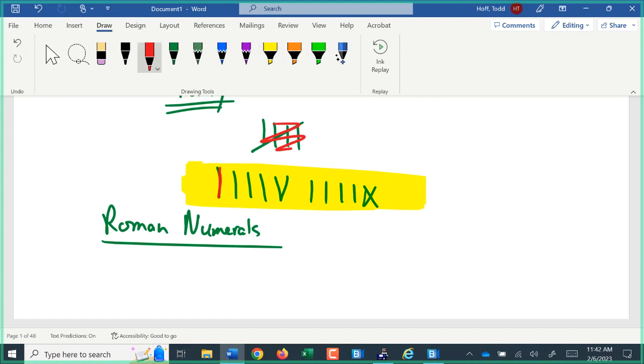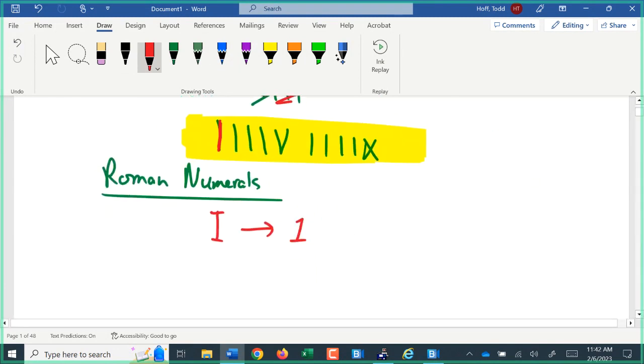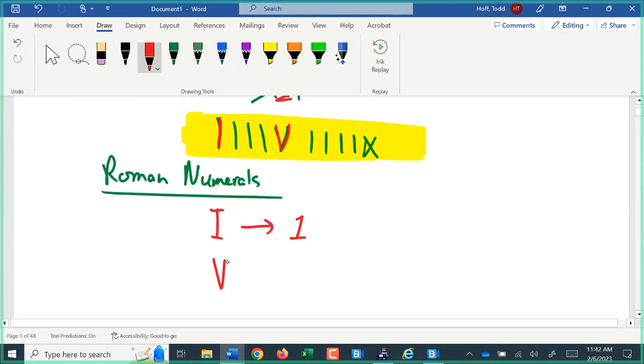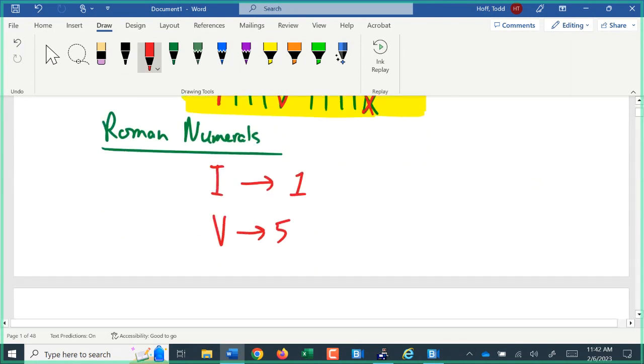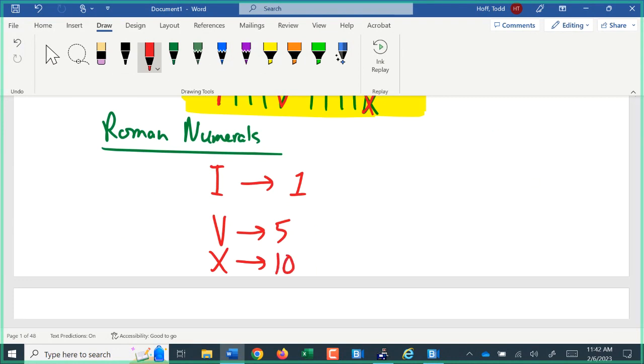So the regular tally mark, just the single slash, or the capital letter I, became 1. And then the V represented 5. And the X represented 10. And for the longest time, that was really all they needed. They could express numbers up to about 38 using just those digits and the rules they'd established.